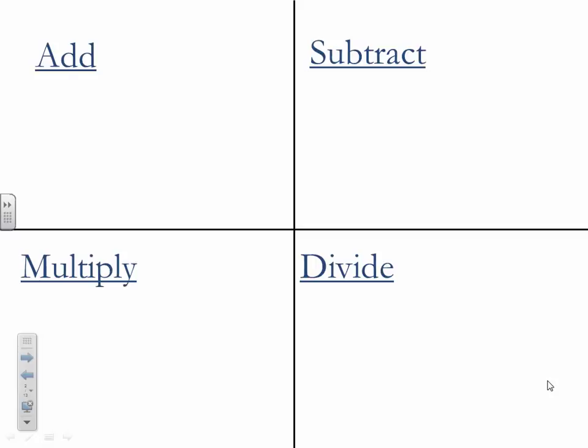So your first job is, this note page that you're looking at right here, to find as many synonyms for each one of those titles as you can. So for example, for add, we all know that a synonym for add is plus. So one of the things you can write in the add box here is the word plus.